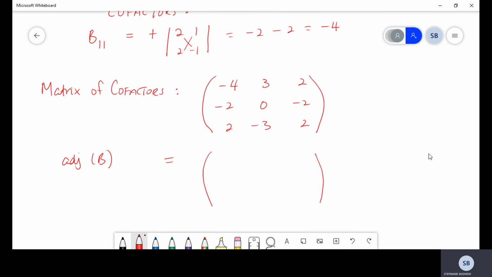So we are going to select our first row and change it into a column, so it's written vertically down. We are going to select our second row and write it vertically down, and then our third row and write it vertically down.